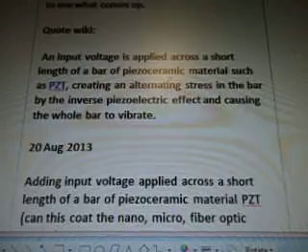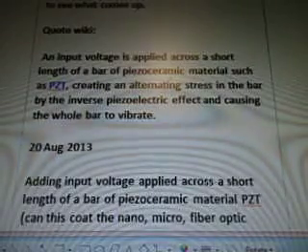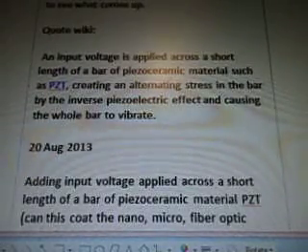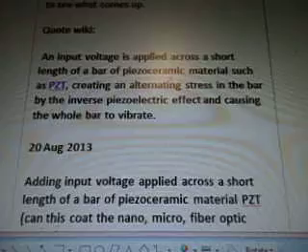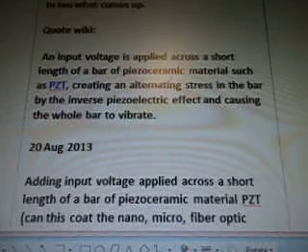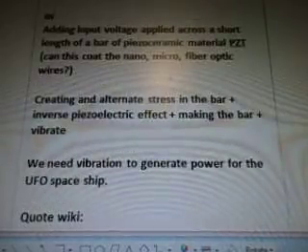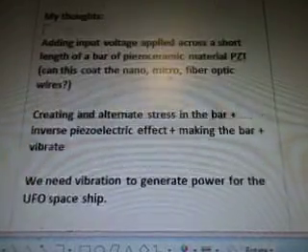Quote from Wiki: an input voltage is applied across a short length of a bar of piezo ceramic material, such as PZT, creating an alternating stress in the bar by the inverse piezoelectric effect and causing the whole bar to vibrate. August 20th. My thoughts, which I forgot to put.